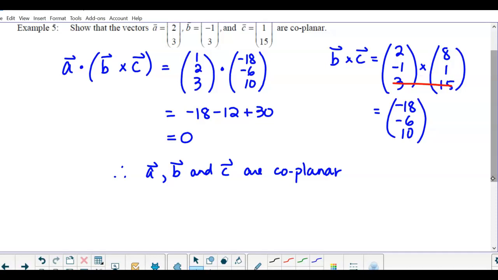To get the vector equation, you need a point and 2 direction vectors. To get the Cartesian equation, you can take those 2 direction vectors and find the normal, and that's the coefficients of your x, y, and z, and then you have to find that constant term.